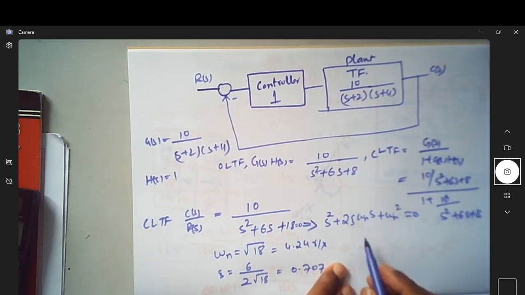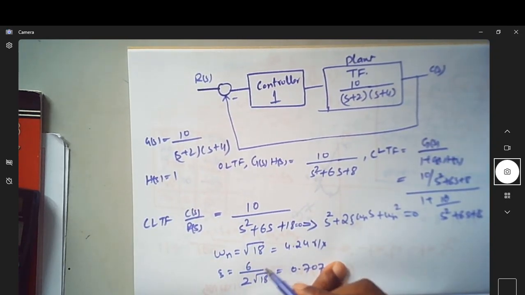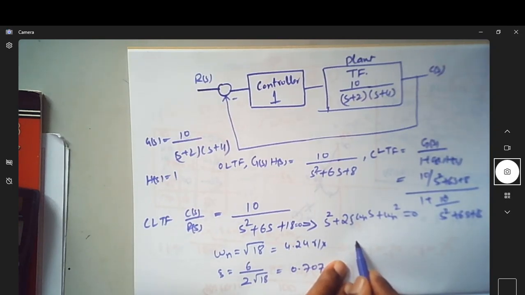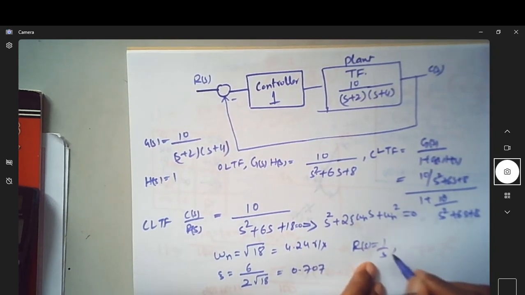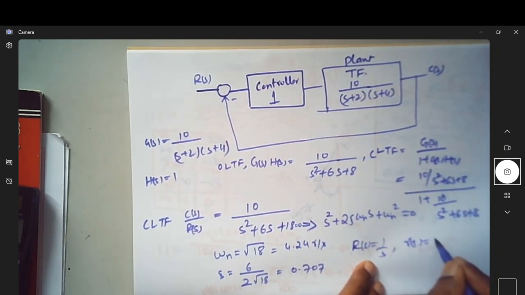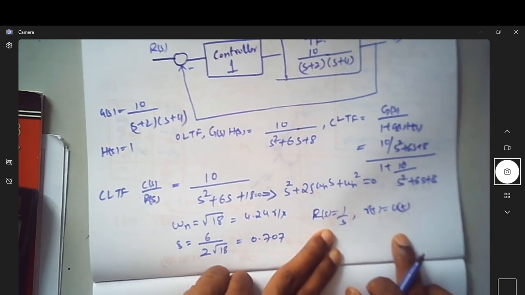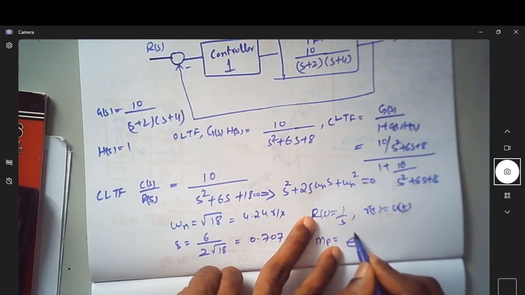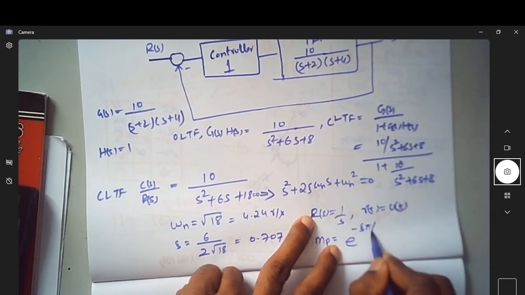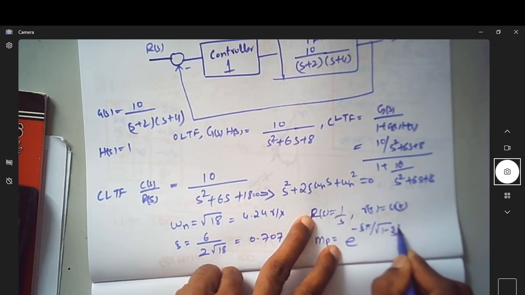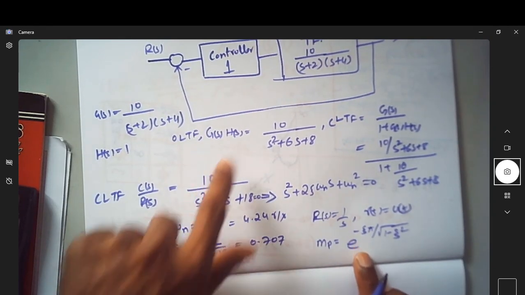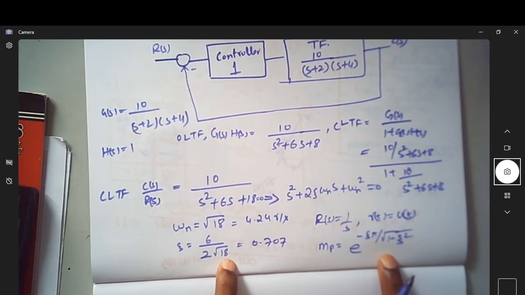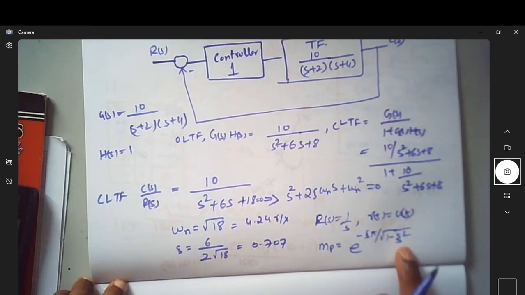So for these values, let us try to find out what is the maximum overshoot for a step input. If I consider R(s) equal to 1 over s, which corresponds to r(t) equal to u(t), that is unit step function. For a unit step function, we know that expression for Mp is given by e power minus zeta pi divided by under root of 1 minus zeta square. Now for this system having this value of zeta, for a unit step input, I want to find what is the response.